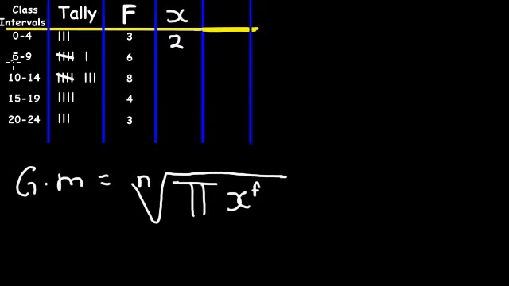Then you repeat the same process for all other intervals. 5 plus 9 is 14, by 2 is 7. 10 plus 14 is 24, divided by 2 gives us 12. 15 plus 19 is 34, divided by 2 gives us 17. 20 plus 24 is 44, divided by 2 gives us 22. And these are our corresponding values of x.